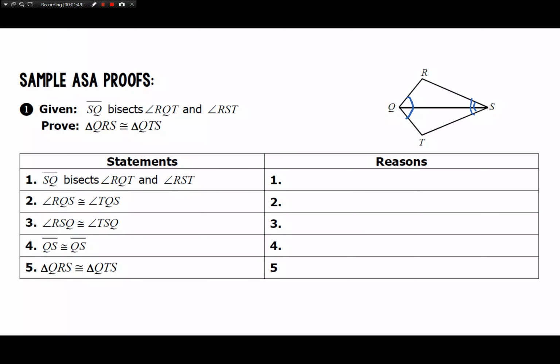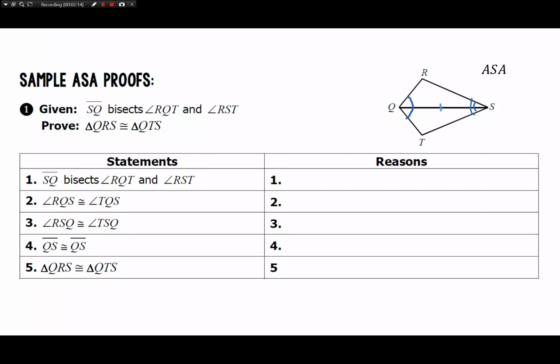Now, these two triangles also share a common side, which is segment QS, so QS must be congruent to itself. Now, whenever we look at this, we have two angles congruent with the side between them congruent to each other. So these triangles are congruent by angle side angle.